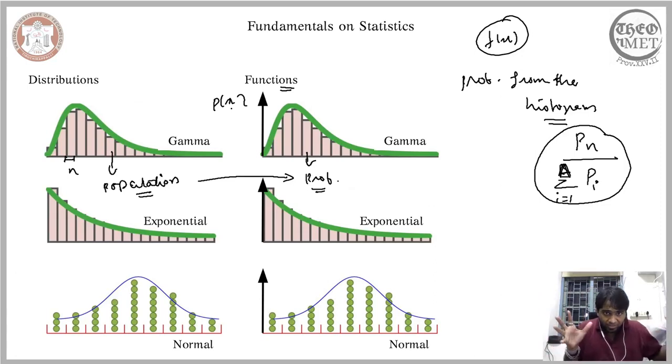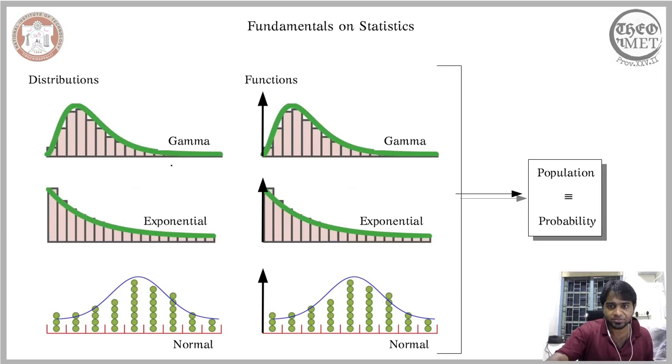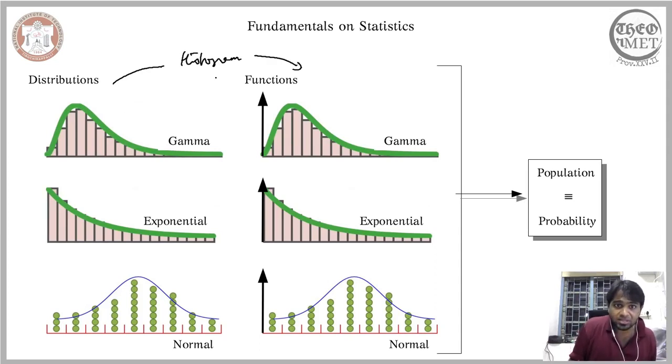The way we have translated from the histogram to this is by translating each of these bars from population to probability. If you look closely, this translation from population to probability was possible because we considered the histogram, which allows us to calculate the probability from the number of population in a given bin and the total population.